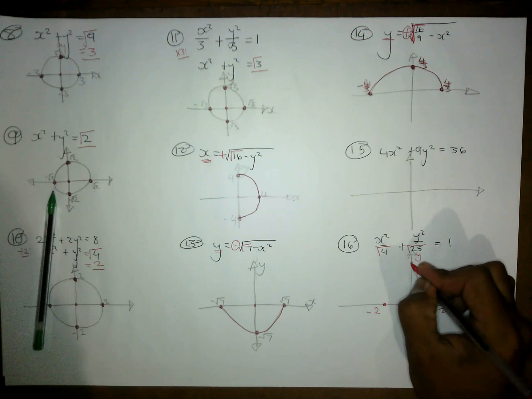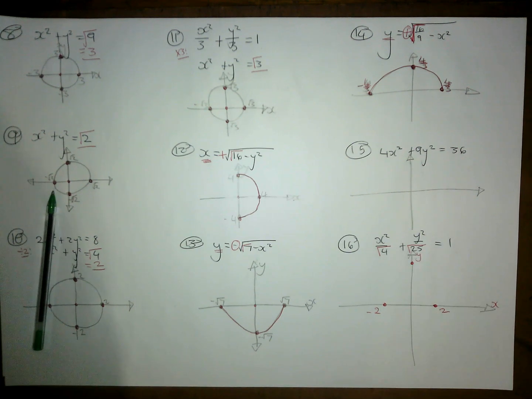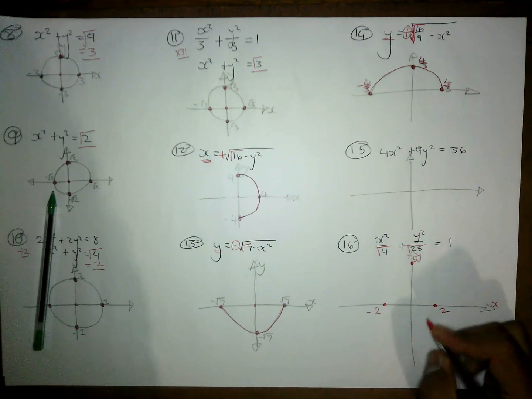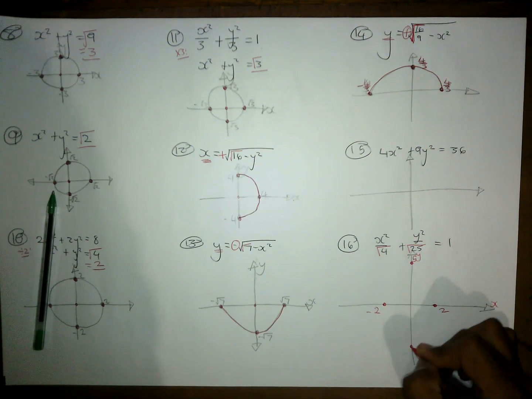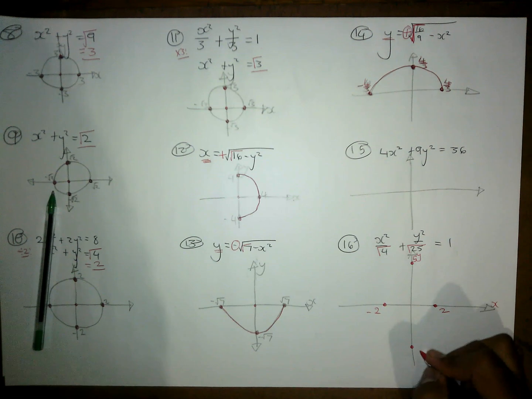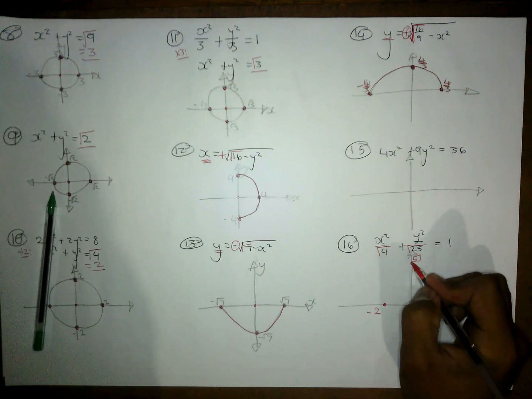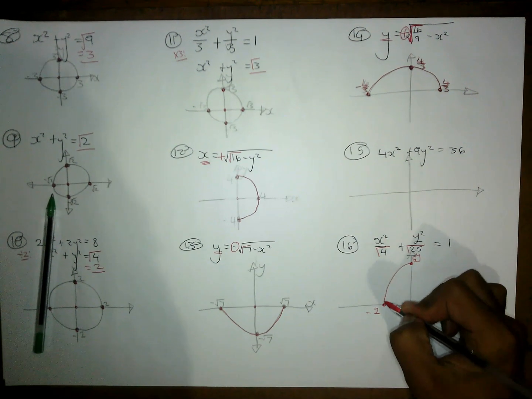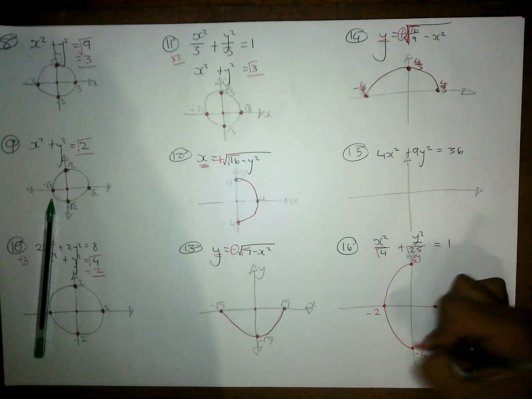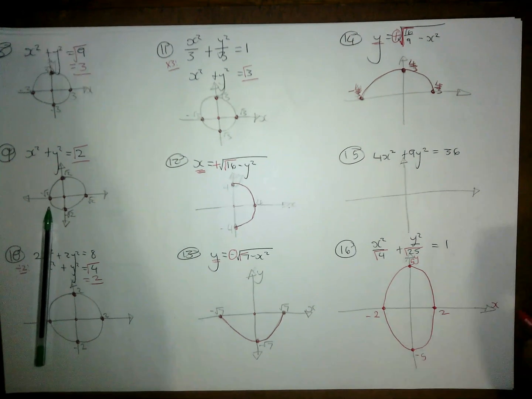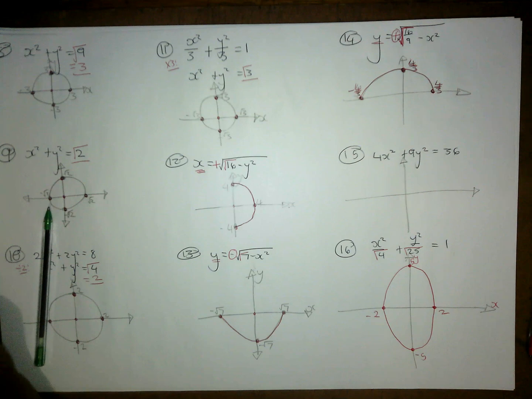Then we get a positive 5 over here, and then here we get a negative 5. Then we draw our ellipse like that.